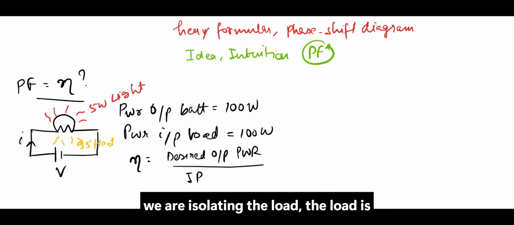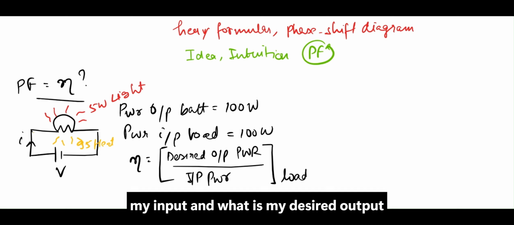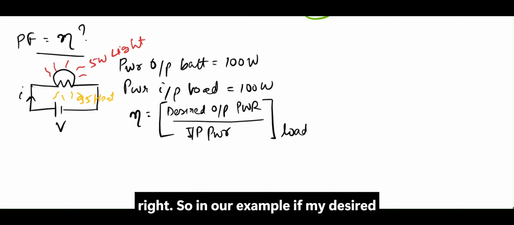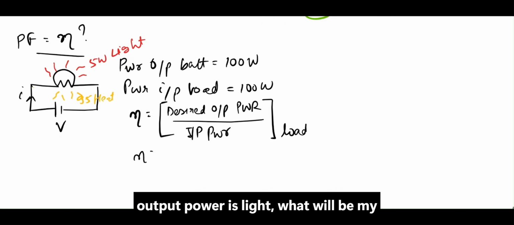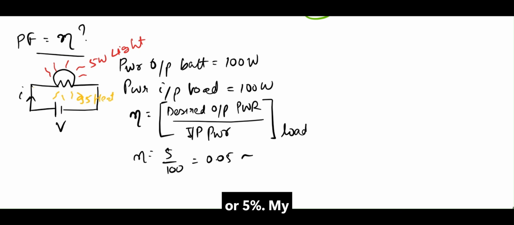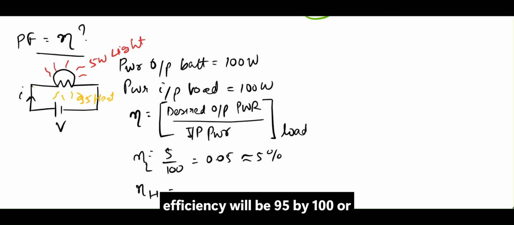So you see, we are isolating the load. The load is our system, and at the load side, what is my input and what is my desired output? In our example, if my desired output power is light, my efficiency will be 5 by 100, or 5%. If my desired output power is heat, my efficiency will be 95 by 100, or 95%.